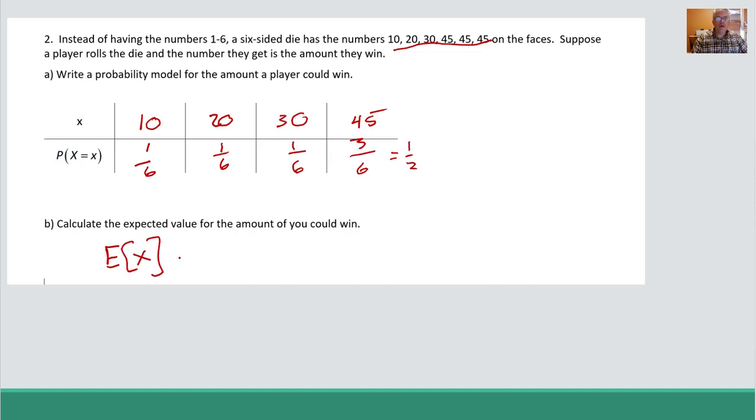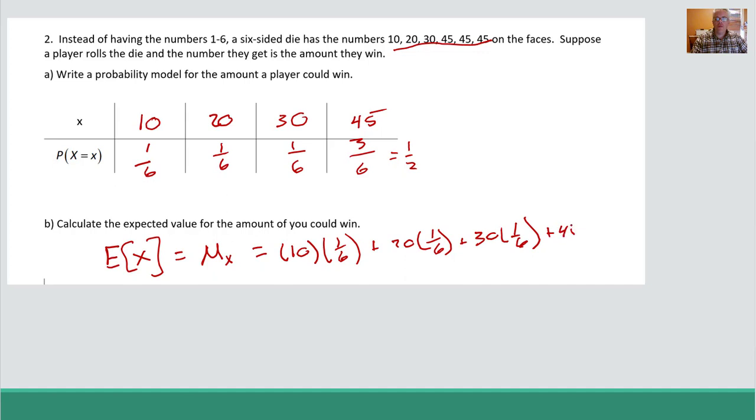I'm going to introduce another symbol here. It's called mu. We saw this when we did normal curves. Sometimes we write mu with a little x by it. That means the theoretical average. All right, so you've got to take the values of the random variable times their probabilities. So 10 times 1/6 plus 20 times 1/6 plus 30 times 1/6 plus 45 times a half, or 3/6.